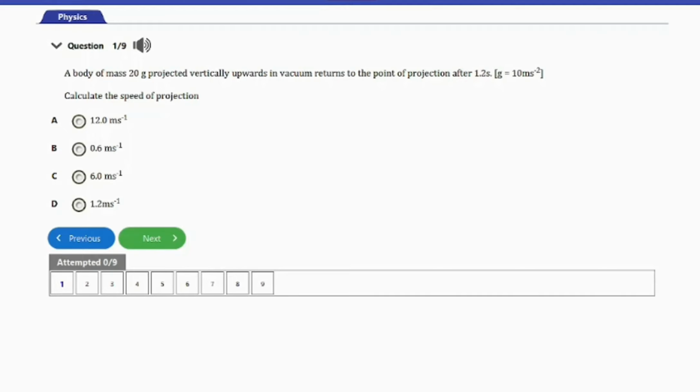It says, a body of mass 20 grams projected vertically upwards in vacuum returns to the point of projection after 1.2 seconds. Calculate the speed of the projection.